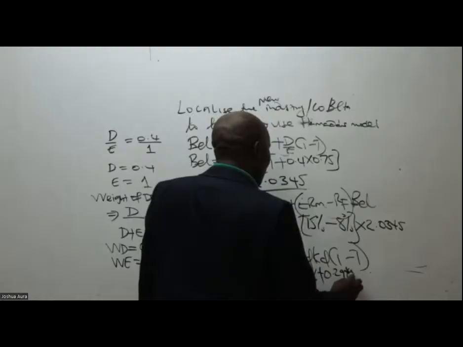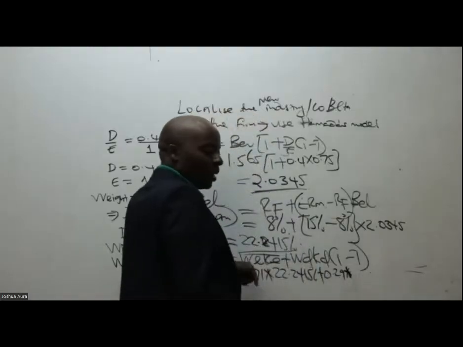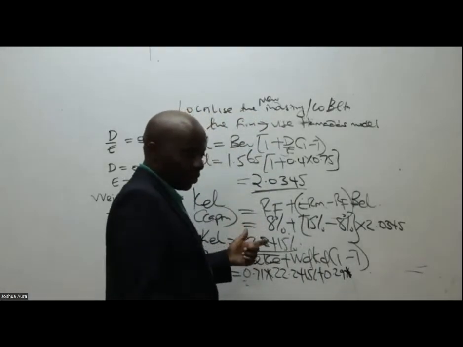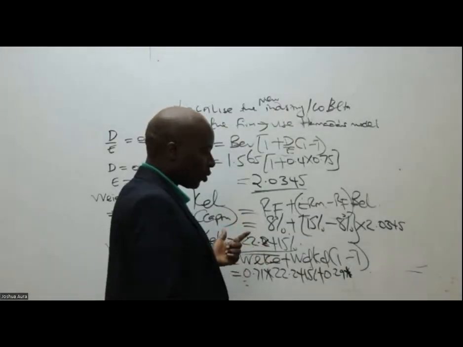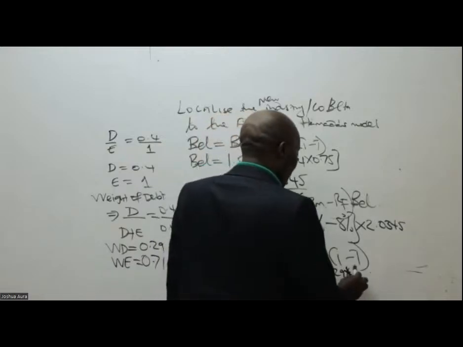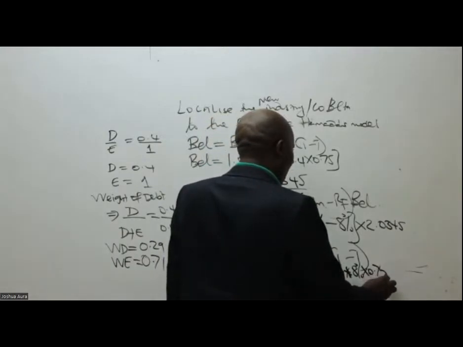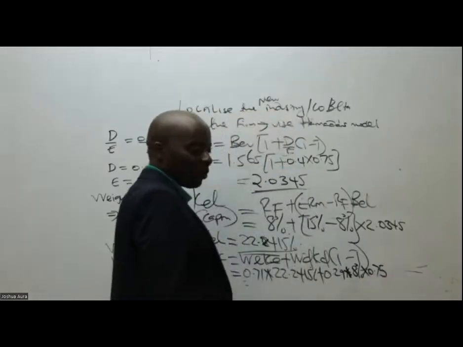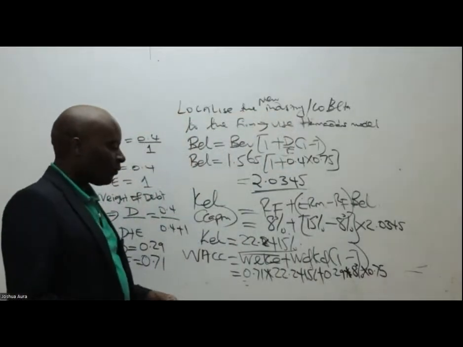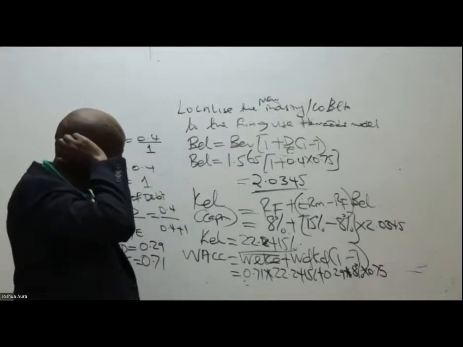Not unless you're told otherwise, cost of debt is normally risk-free because debt is secured. Debt you must give a bank security. So cost of debt is 8%. Multiply this by 0.75, like that.